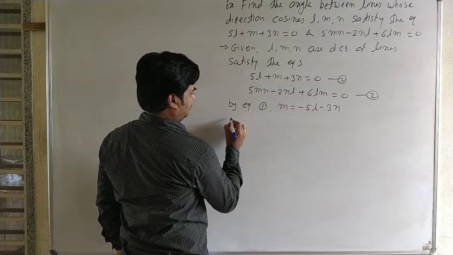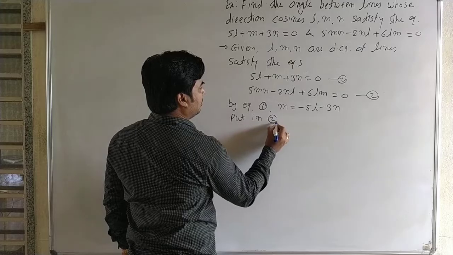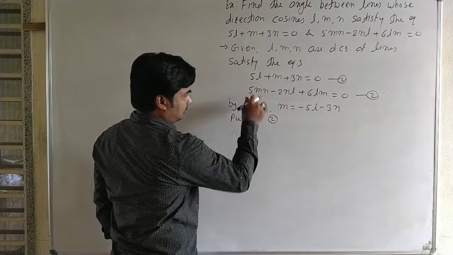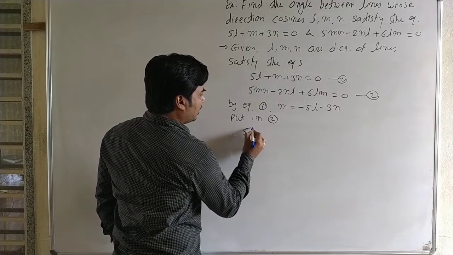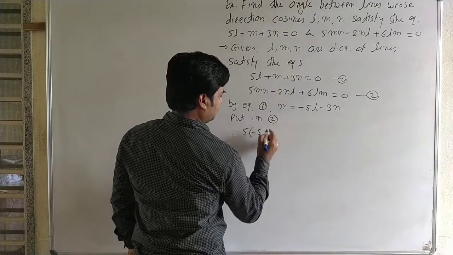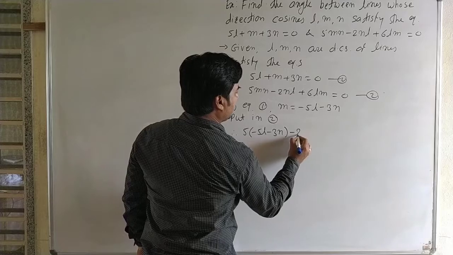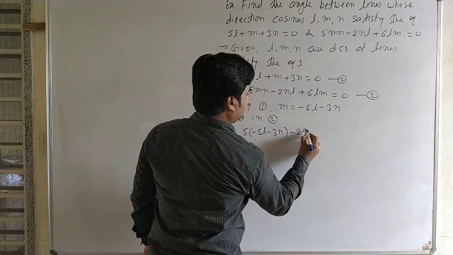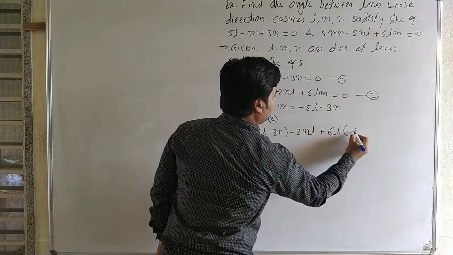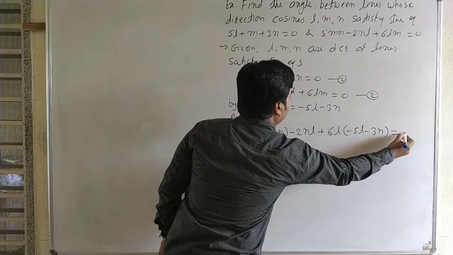Put it in equation number 2. Therefore we get, see carefully, 5 into N times minus 5L minus 3N, minus 2NL, plus 6L into minus 5L minus 3N is equal to 0.